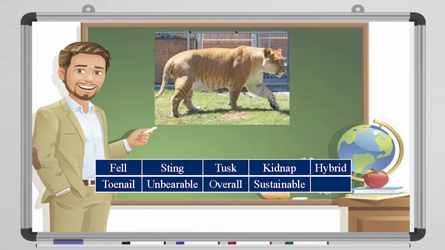So we have some sort of a lion and a tiger. This is actually a real animal. It's called a liger. So when two animals mix, what is that? You have a hybrid. Very good.